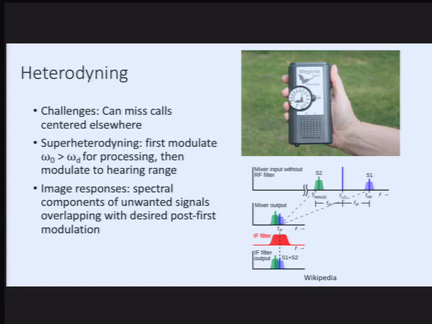Then unfortunately, because you're shifting by a sinusoid that has a higher frequency than the frequency that you're interested in, things that are also higher than that frequency, because these are all real signals, will get replicated across the spectrum. They'll reflect across the x-axis, and you'll end up with overlap. So you can have two signals that are separated higher up by some specific amount, and they'll overlap once you've modulated everything down. So that's another problem you have to deal with in this case.